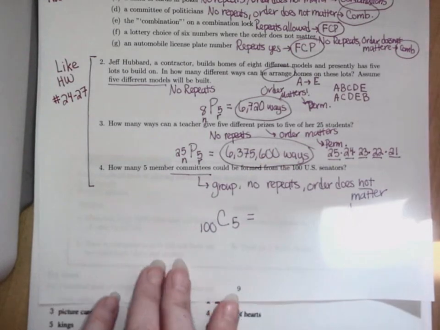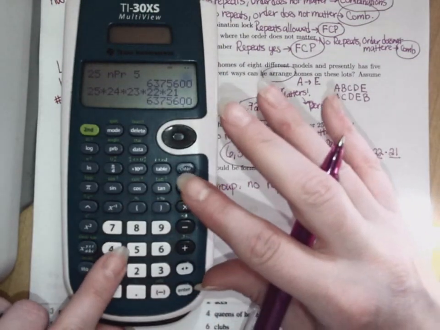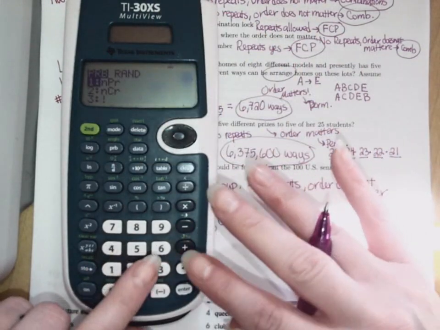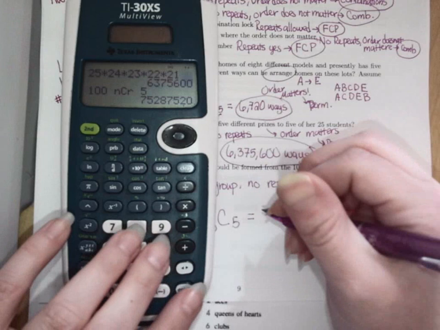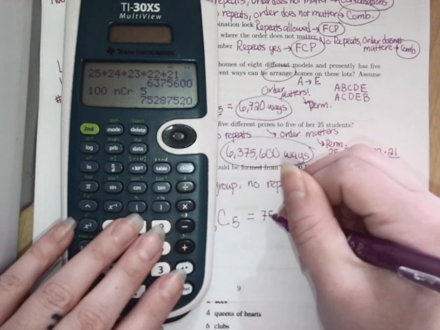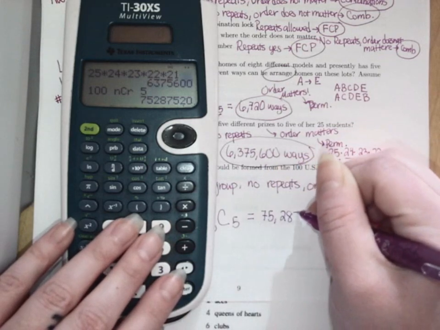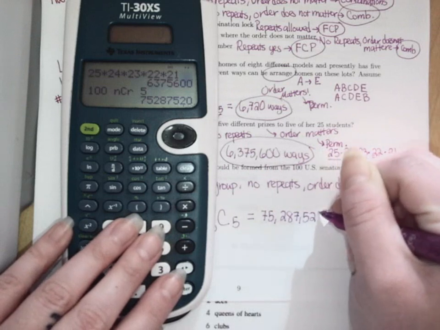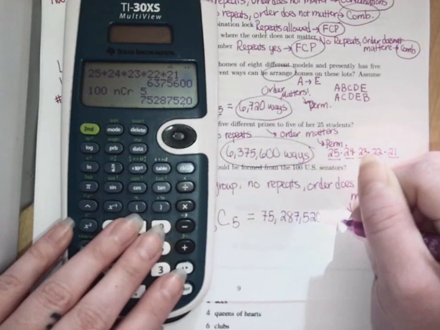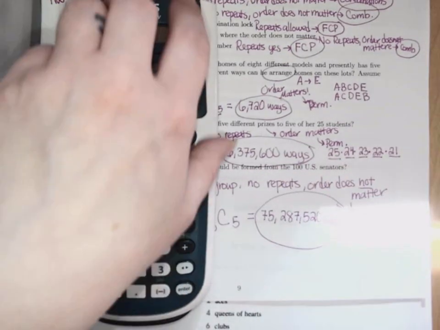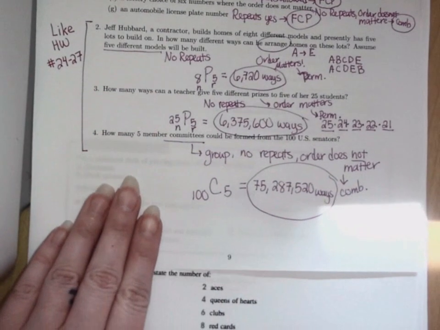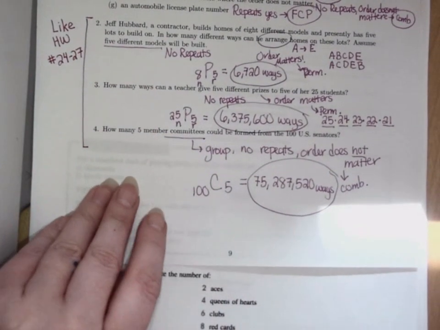So 100 combination 5 would be 75,287,520 ways. Okay.